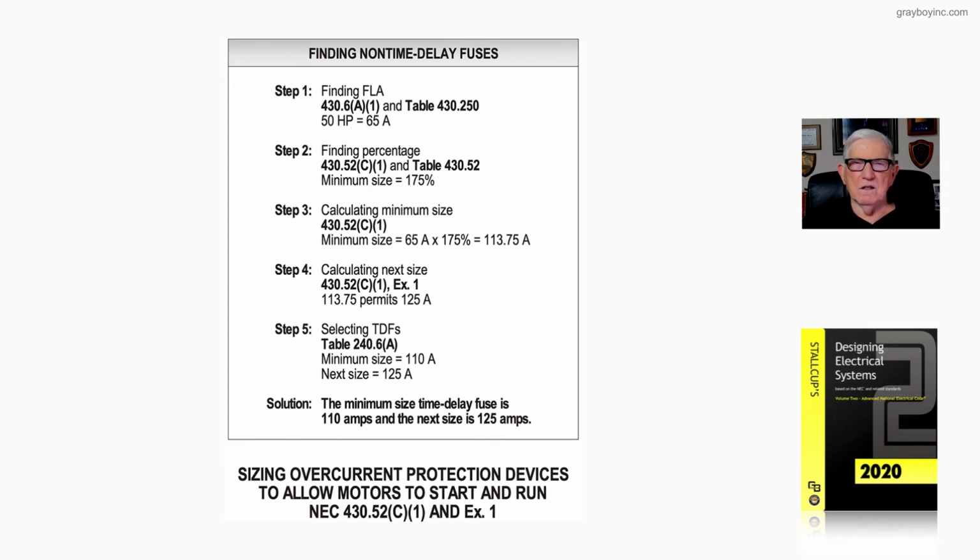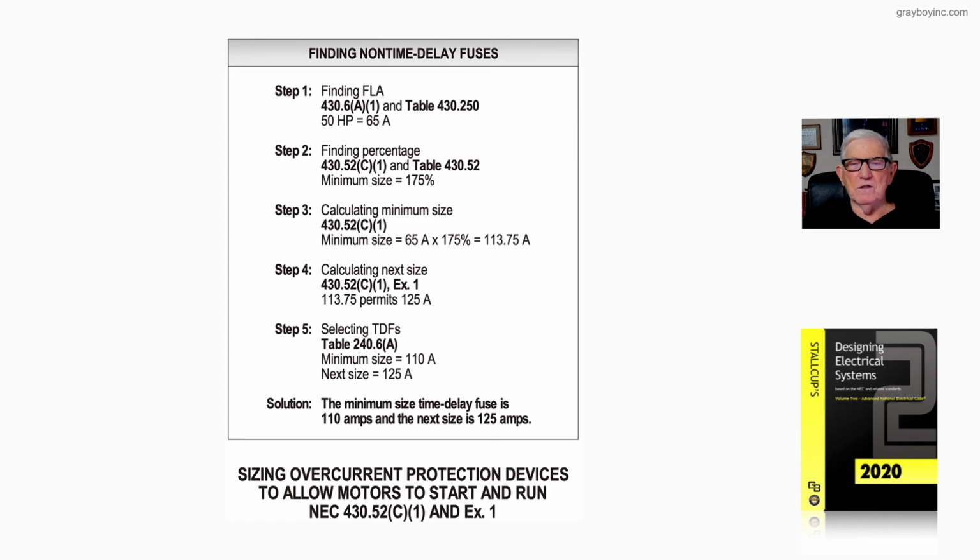You can take step 4 and round it up to the next size using exception 1, which would be 125. Or you could just apply 430.52C1 and round it down to a minimum size of 110. But make note, now you can go below that 110 to 100 or 90, whatever size would start your motor and accelerate the load.